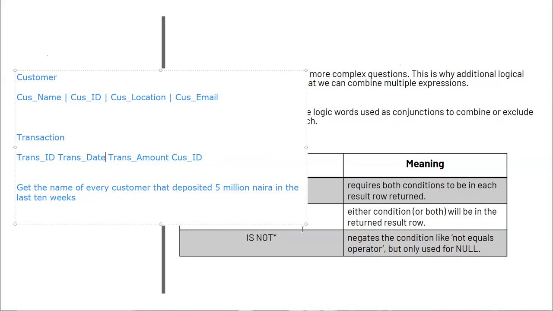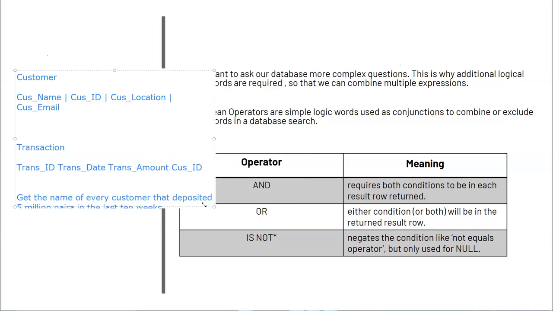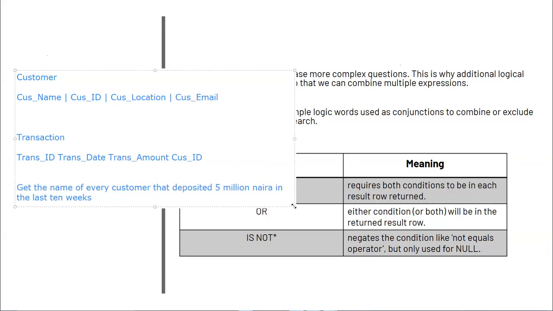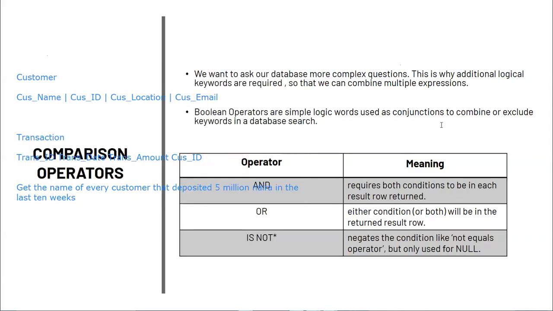And this brings us to talking about operators. You understand? There are several types of operators. We have Boolean operators, like what we have on screen here, and their meanings. Boolean operators are very simple. In this case, let's say we are still looking at this database.